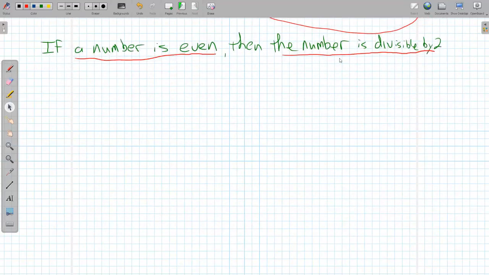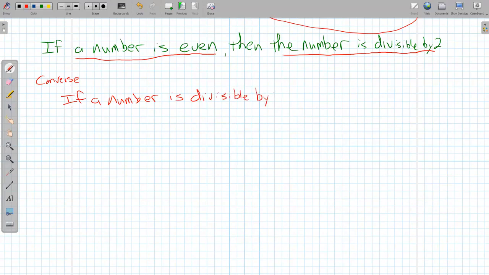All right, so here's an implication. And so now I'm going to write its converse. So the converse would be if a number is divisible by 2, then the number is even. And it turns out you can play around and say, hey, this converse is true too.